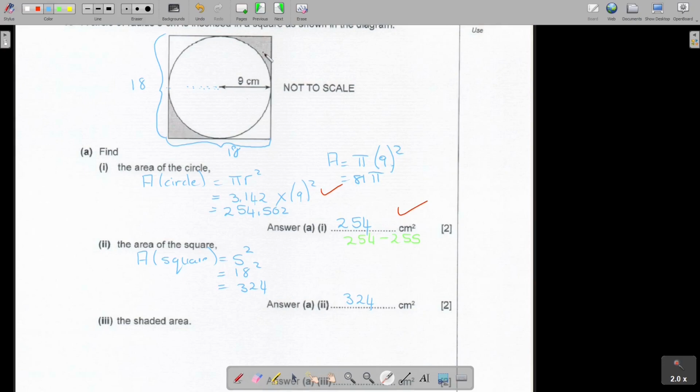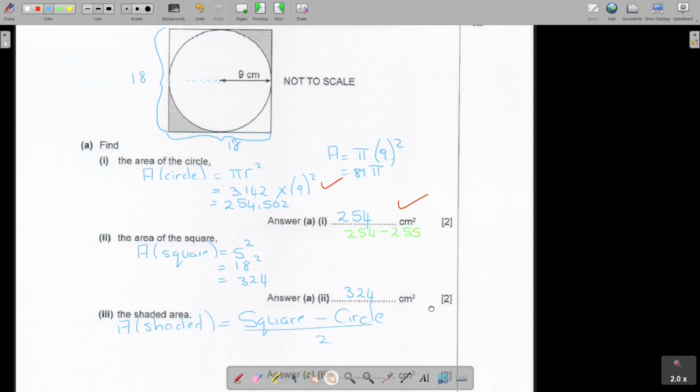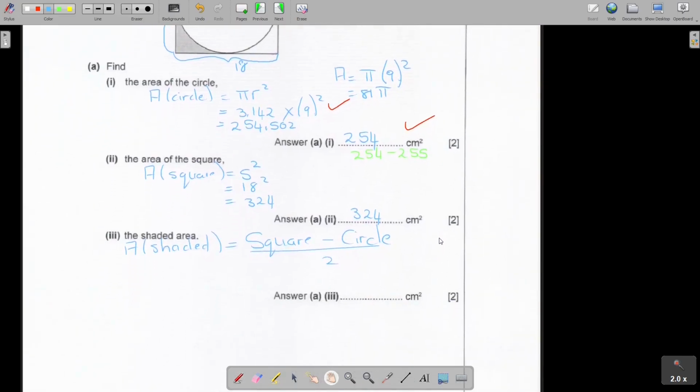So these 2 shaded are half. So I'm going to say the area of the shaded, and it's going to be the square. Write it nicely for you. And now I don't want all, I just want the half of it. So I just divide it by 2.